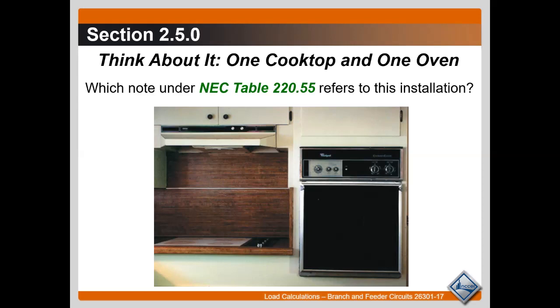Based off of your code book, 310.15(B)(16), continuous use, because that oven could be on for hours. Let's just go 310.15(B)(16). Now I just said 33.3 amps, right?